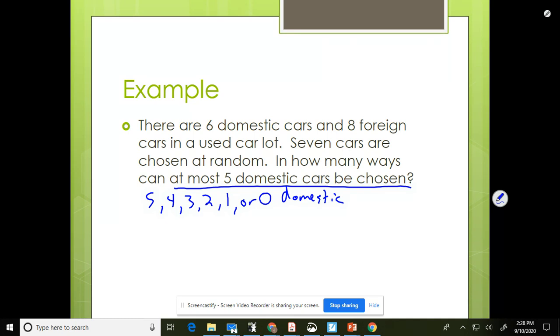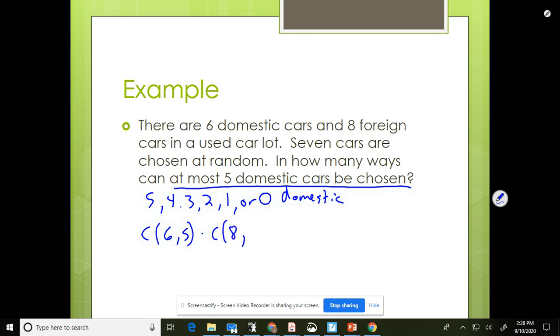All right, I could find, so 5 domestic. Not 5. I can start with 6 domestics. So I have 6 domestics. I can pick 5 of them, multiply that by, I have 8 foreigns.